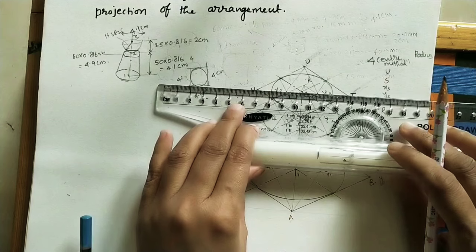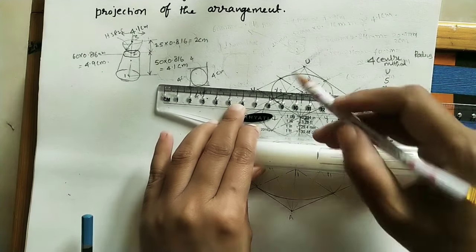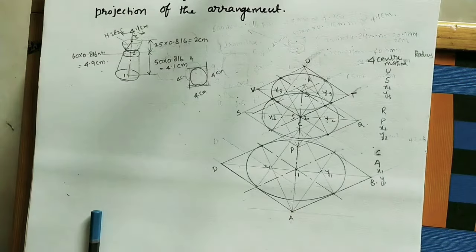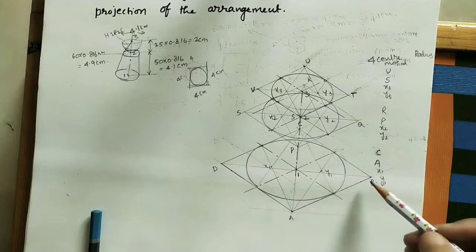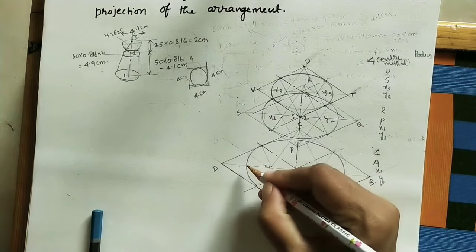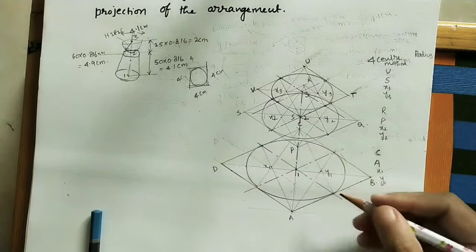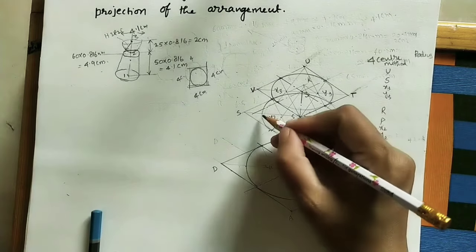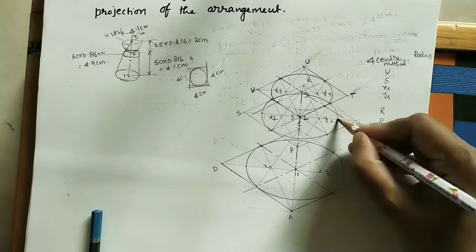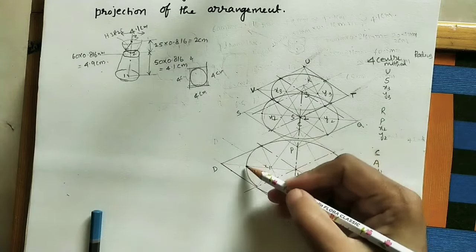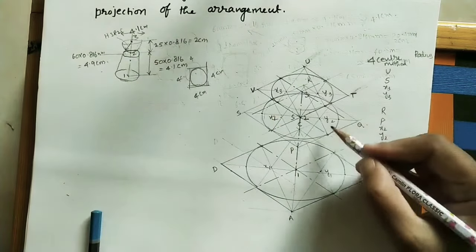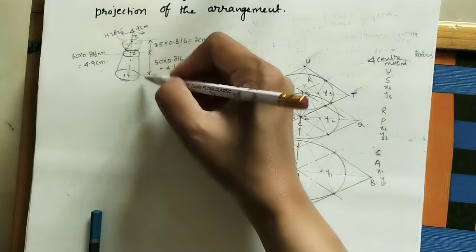Here also draw a thin line. After getting these lines, take this intersection point, and now take this intersection point.